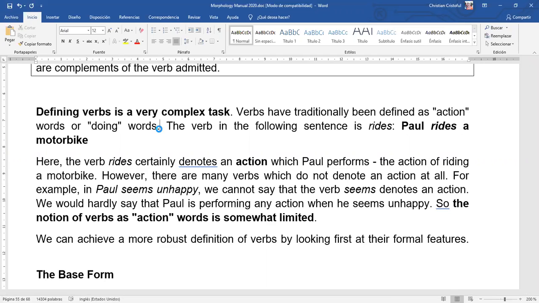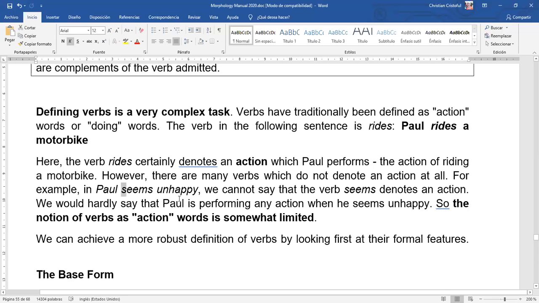The verb in the following sentence is rides. Paul rides a motorbike. Here, the verb ride certainly denotes an action, which Paul performs, the action of riding. However, there are many verbs which do not denote an action at all. For example, Paul seems unhappy. Seems is not an action, it's a state.